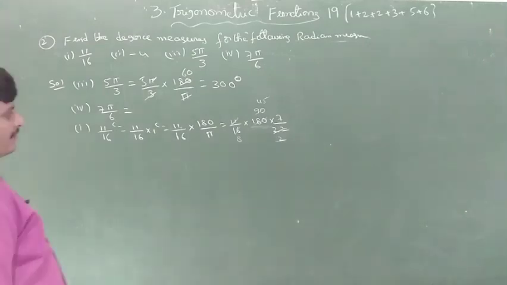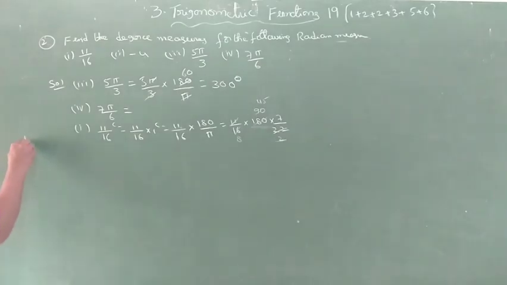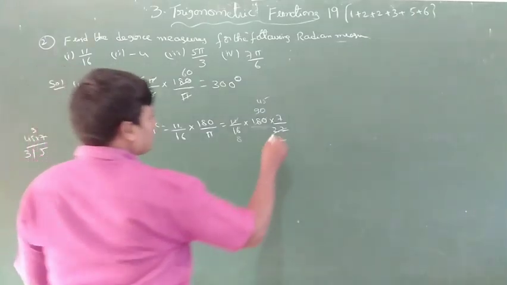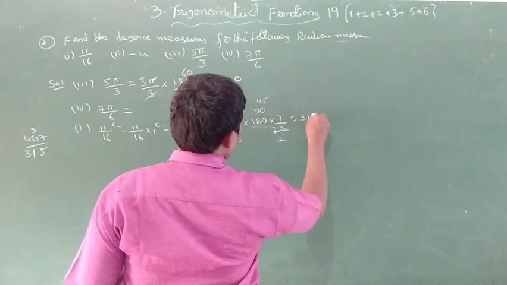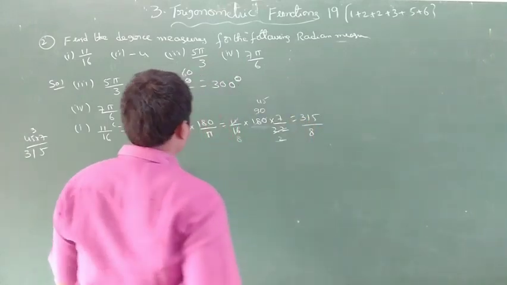45 into 7 by 8. 45 into 7: 7 5s 35, 7 4s 28, 315. That is equal to 315 by 8.